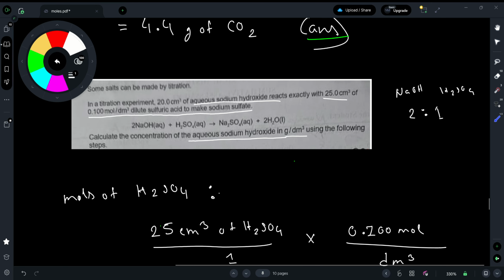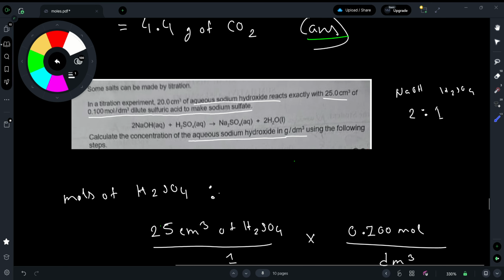We have 25 centimeter cube of HCl, and you have 0.400 moles of HCl per dm cube.